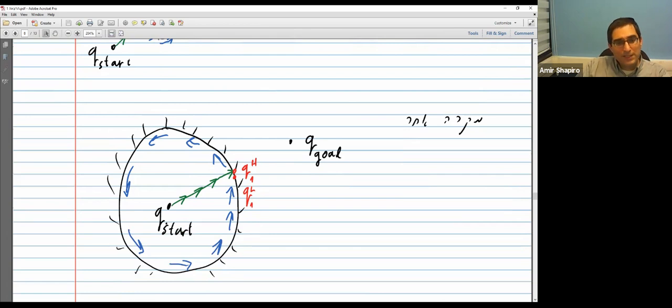If the start is inside this closed room, closed circle, and the goal is outside, there is no solution. I cannot go from start to goal because it is closed.